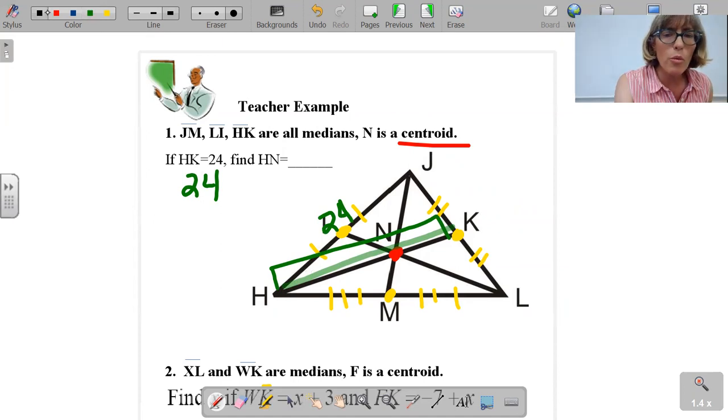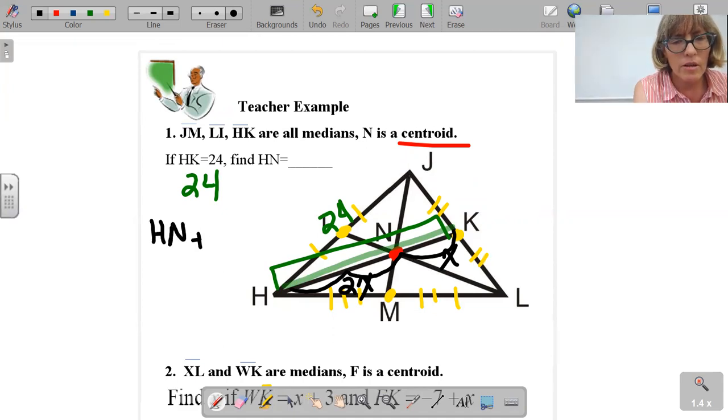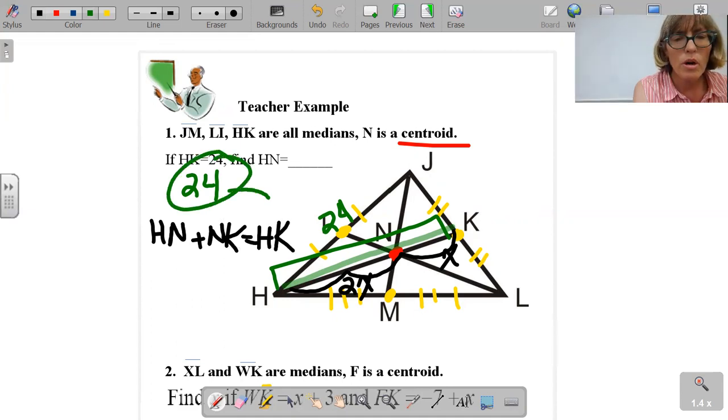But the relationship we have going on here, this is 1 bunny hop, 2 bunny hops. So we have an X, 2X relationship here. So our thing equation is HN plus NK equals HK. That's our thing equation. 24 goes there.